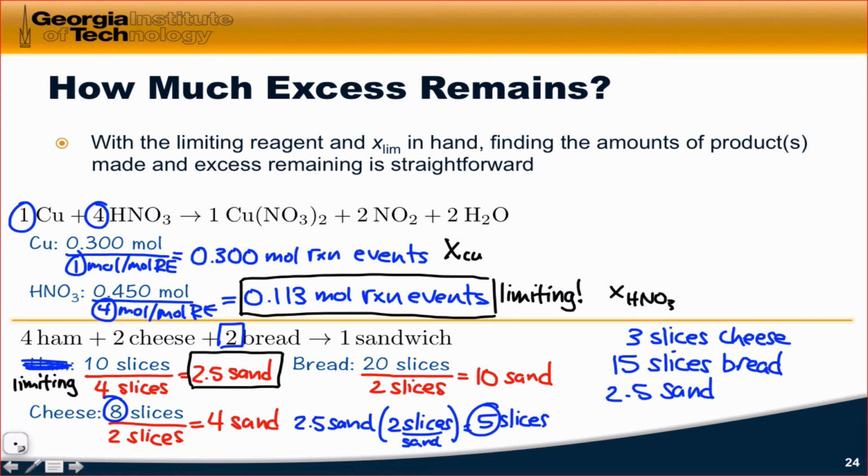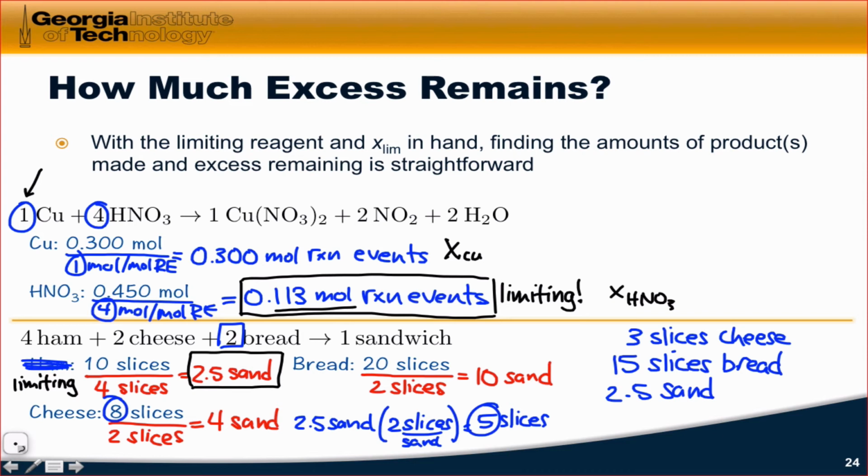The stoichiometric coefficients, remember, tell us how many moles of a reactant are consumed per mole of reaction events. And so, since the stoichiometric coefficient on copper is just 1, we know that 0.113 moles of copper are consumed in the course of this 0.113 moles of reaction events.